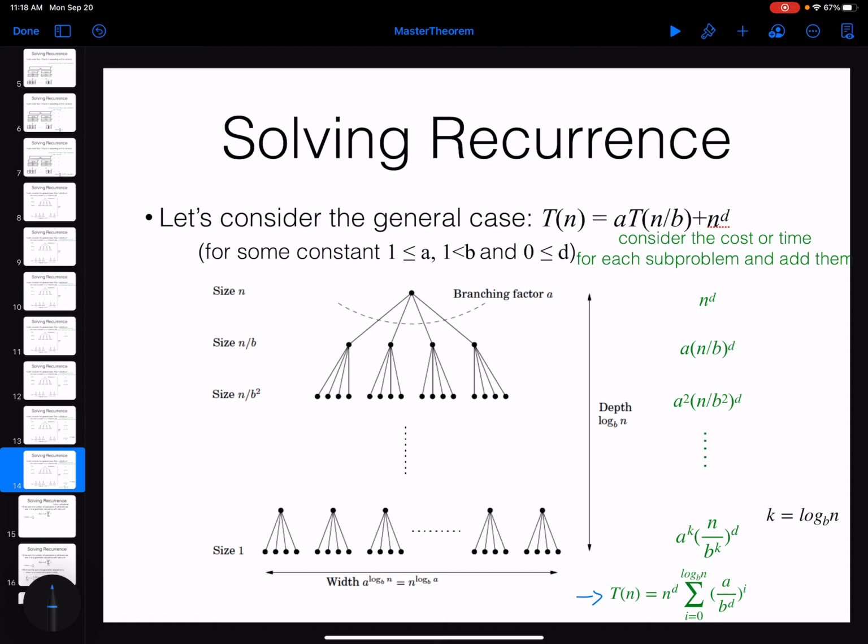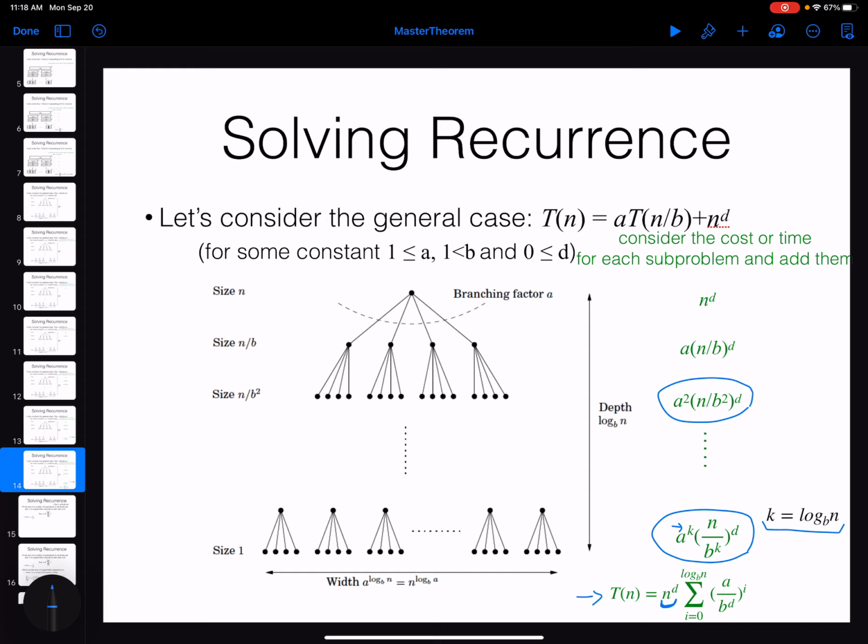Okay, so what is the value of k? The value of k is the depth of the tree, right? We have actually discussed that, it is going to be log of n in base b. You can see that all of these terms are going to have n to the power of d that I take out from the summation, and the rest of it is going to be a geometric summation.